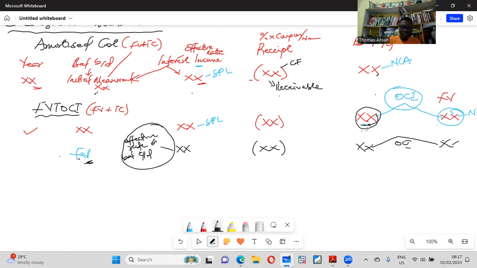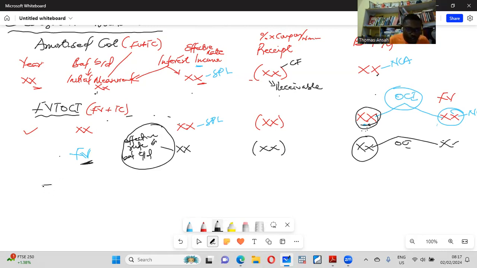Let me say it like that, because here too, it was on the fair value, but it was just the initial fair value. So please, subsequently, don't do it on the fair value here. Do it on the balance carried down, which should have been the balance brought down. All right, so it goes on and on like that. All right, thank you very much.